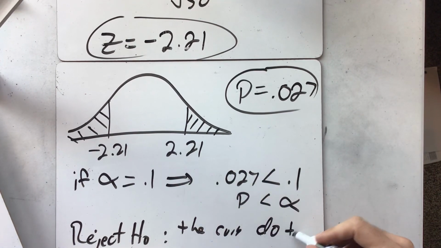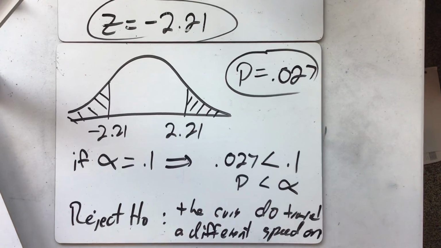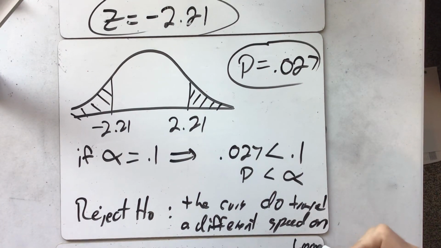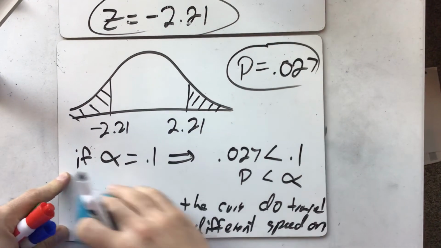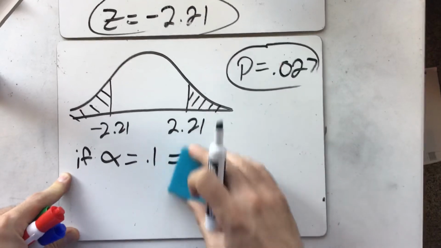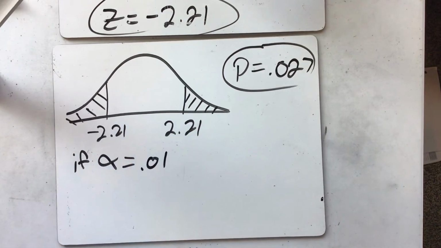So I'm going to reject H naught, so that means the cars do travel a different speed on the loop. Okay, so that's what we did if alpha is equal to 0.1. But now, what if I were to change my alpha value, and I made my alpha value 0.01 instead?